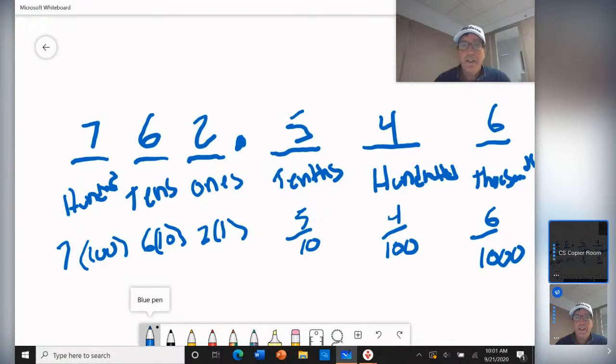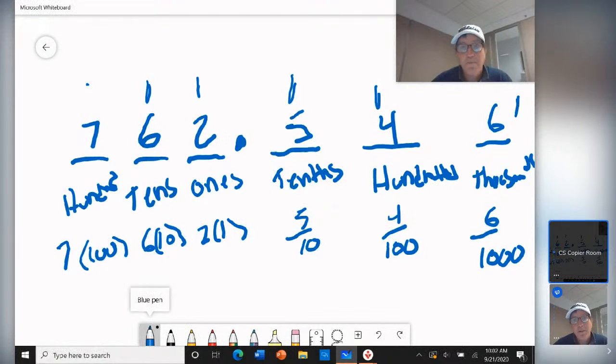So really, each one of these things represents a number, but if you dig a little deeper, it's telling you how many hundreds are in that place, how many tens are in this place, how many ones are in this place, how many tenths. That's 5 tenths, that's 4 hundredths, and that's 6 thousandths.